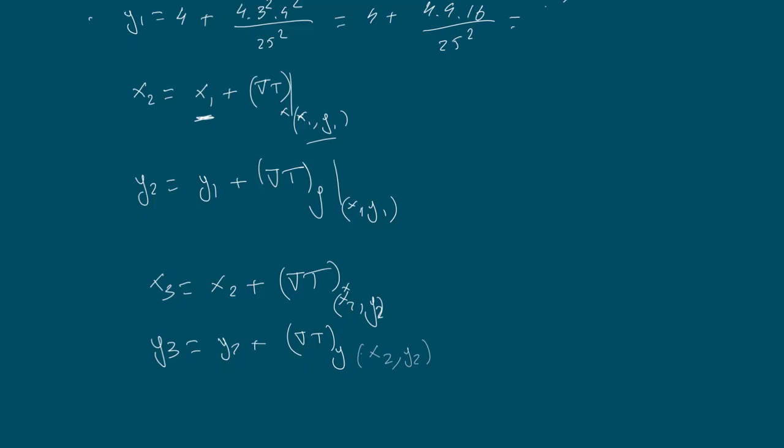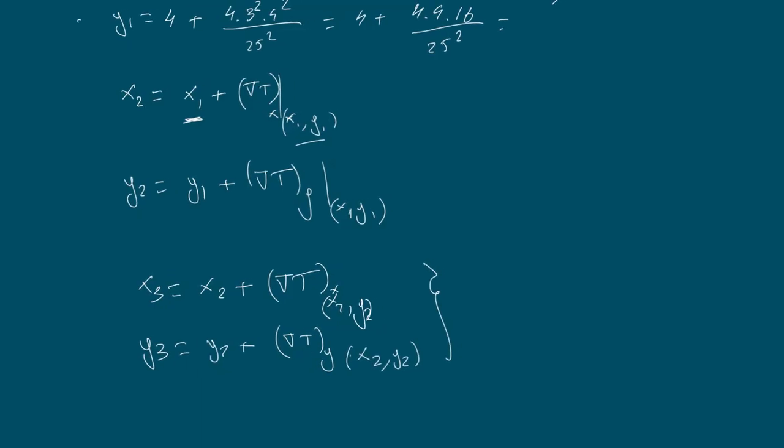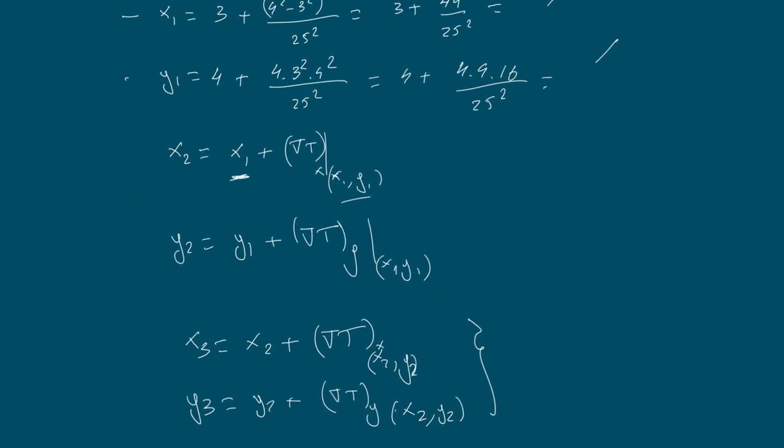And I will keep going and going. Excel will do the job and find all the points. I have to give it only the initial position, the 3, 4, or change the position, and it will draw the trajectory on the field.